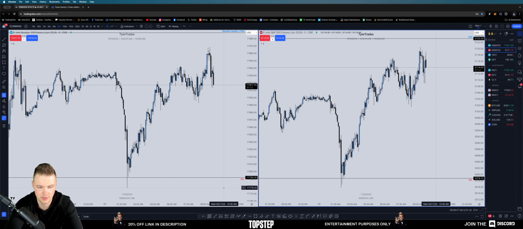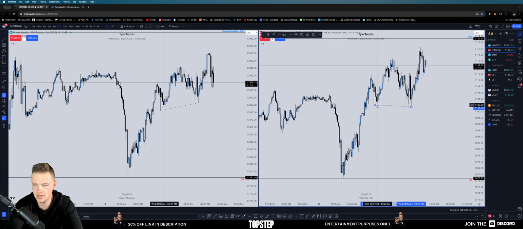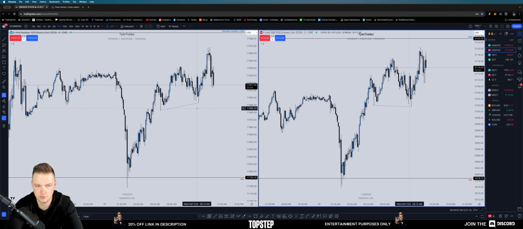I mean, it can, but the reason I say it doesn't need to is because with these internal lows, we have SMT divergence. ES put in a lower low here when NQ put in a higher low. So that's why I had my eye on that gap and on how we respected it.